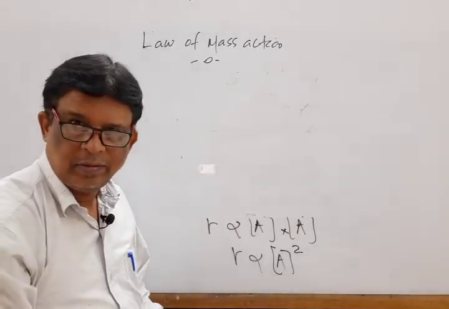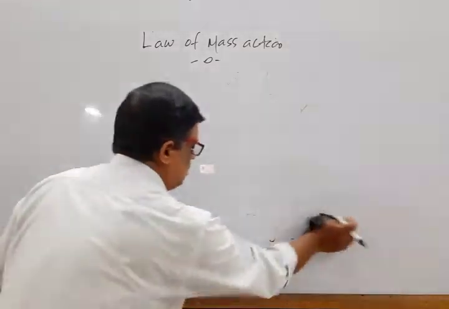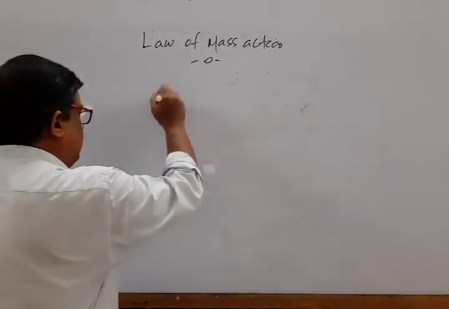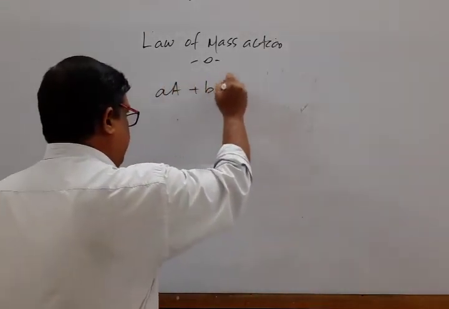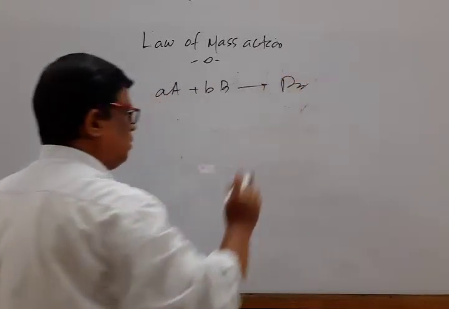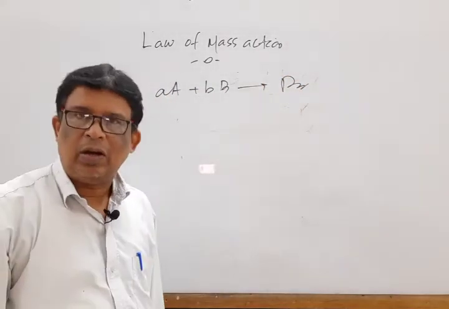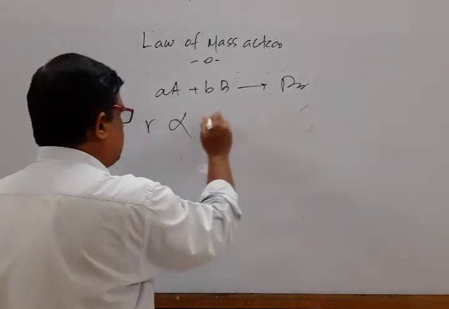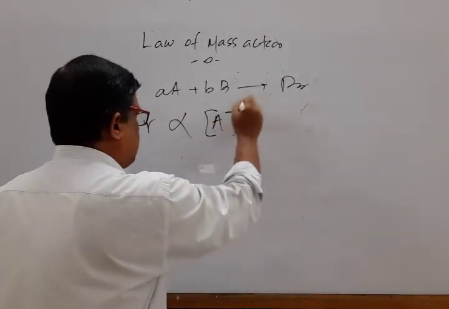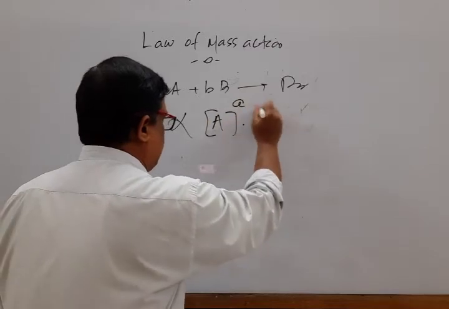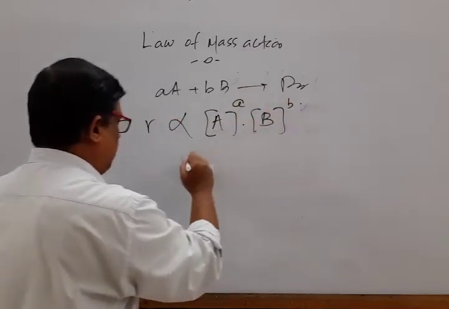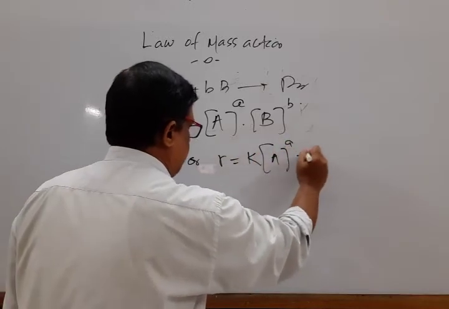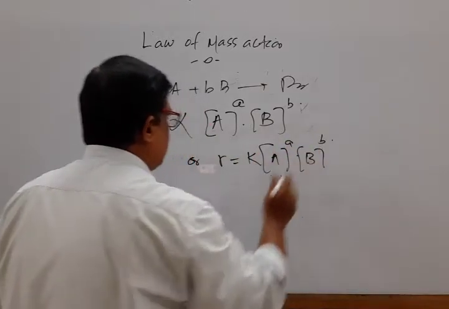Is it clear? Good. If we go through a hypothetical reaction, aA plus bB gives rise to a product, then applying this law, R is proportional to [A]^a into [B]^b, or R is equal to k [A]^a [B]^b.